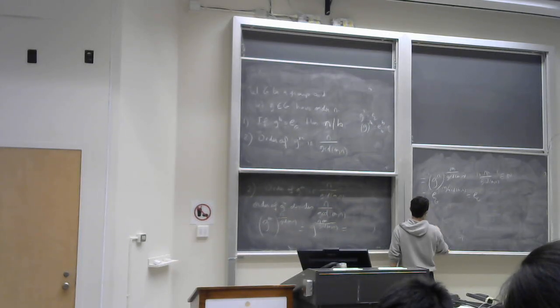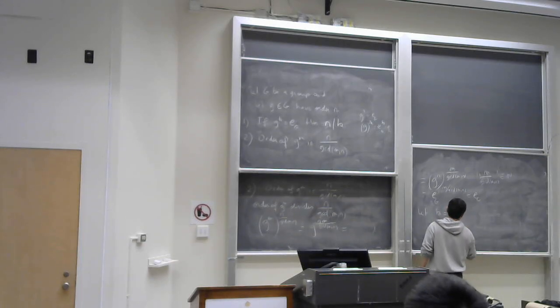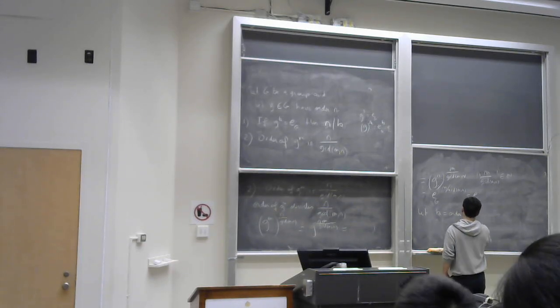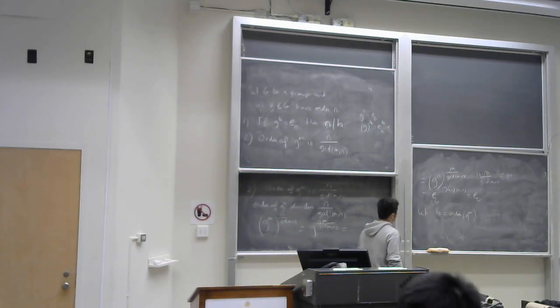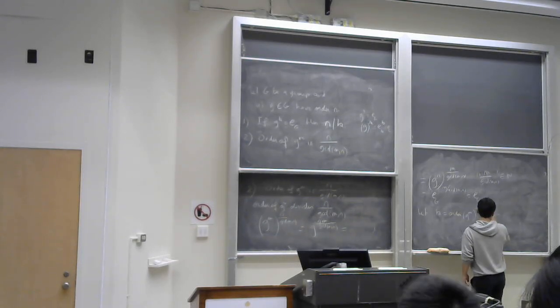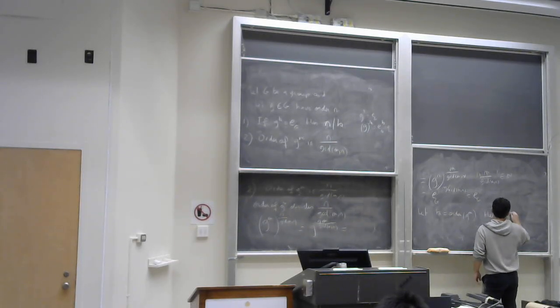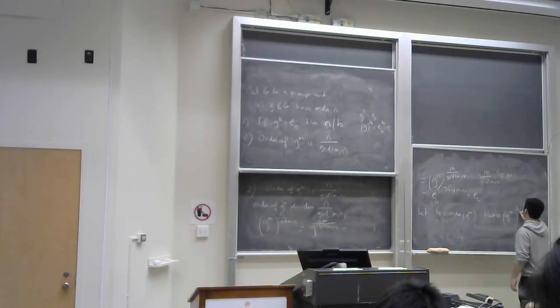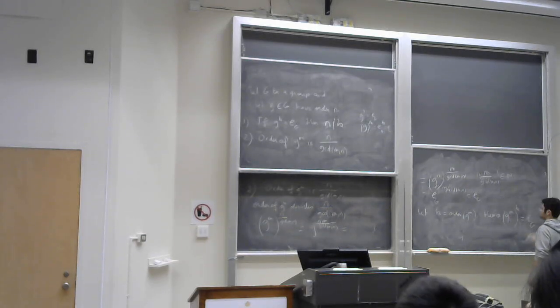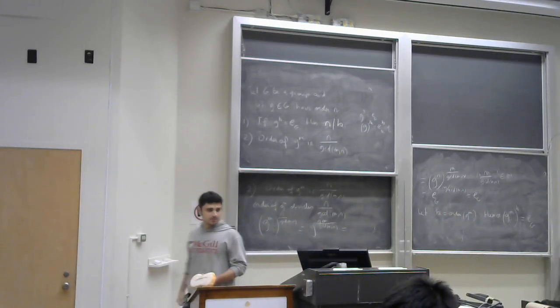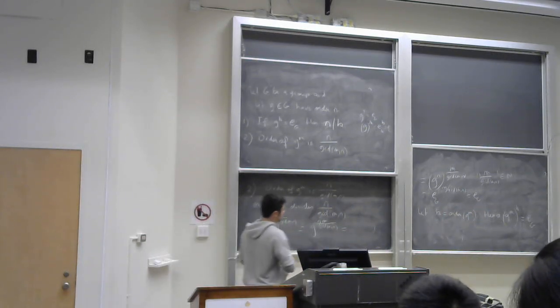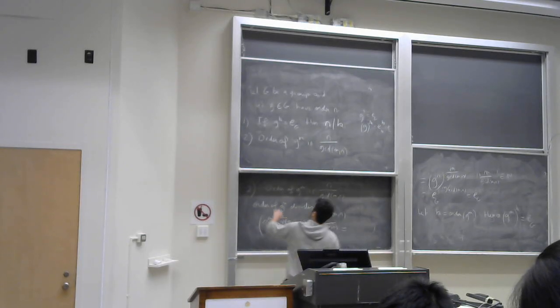So let k be the order of g to the m. Hence g to the m to the power k is equal to the identity. Agree or not? If k is the order of g to the m, then g to the m to the power k is equal to the identity.